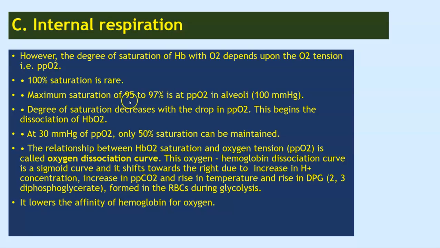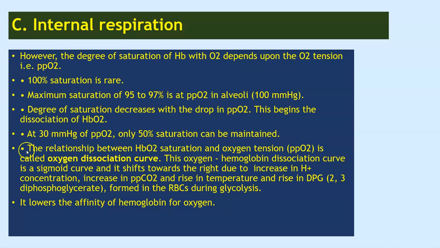Maximum saturation of 95 to 97% is at ppO2 in alveoli, that is at 100 mmHg. Degree of saturation decreases with the drop in ppO2. This begins the dissociation of HbO2. At 30 mmHg of ppO2, only 50% saturation can be maintained.